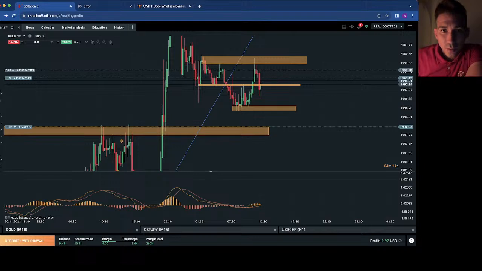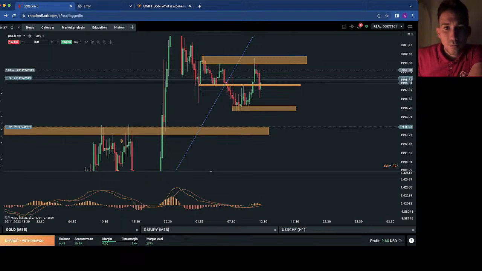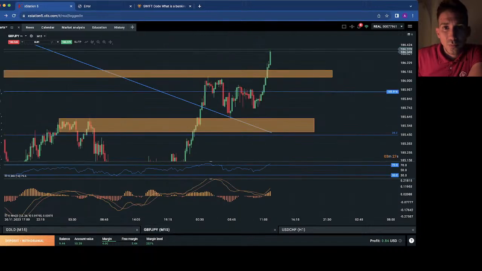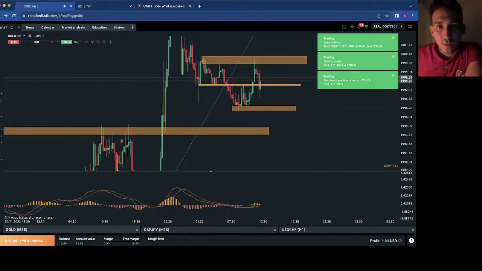Seems that price is going to reverse. It's going up. Maybe we have some volume getting into the market. So I got stopped out.